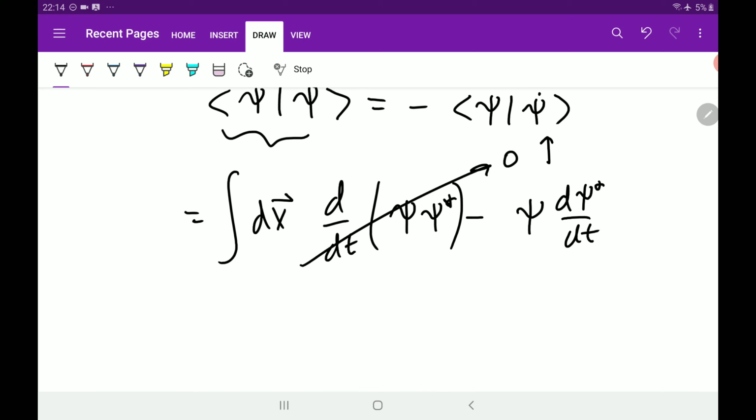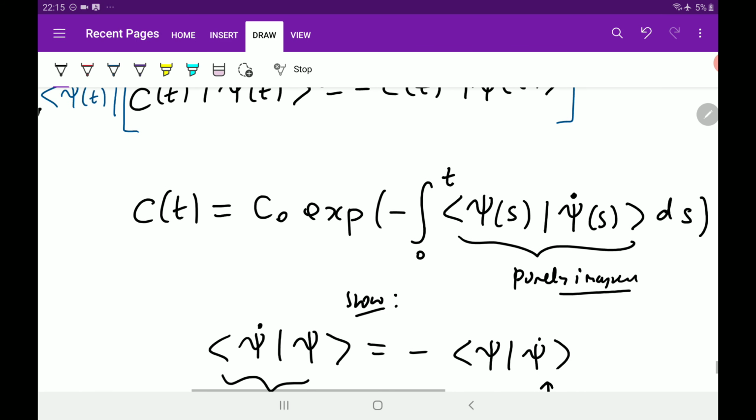It's kind of like doing an integration by parts, another alternative way to get the result. You're essentially replacing A B dot with minus A dot B. Anyway, so we have that this is purely imaginary.